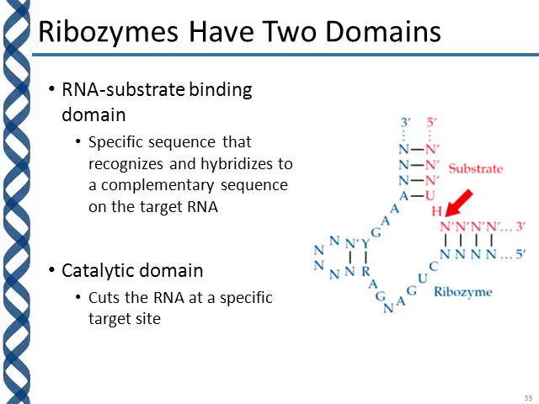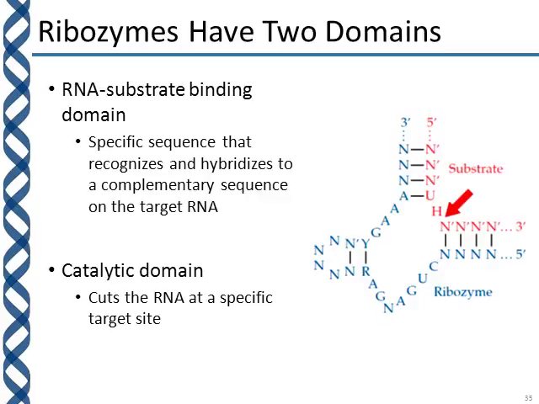Ribozymes have two domains: the RNA substrate binding domain and the catalytic domain. The ribozyme substrate binding domain recognizes a specific sequence and hybridizes to a complementary sequence on the target RNA.